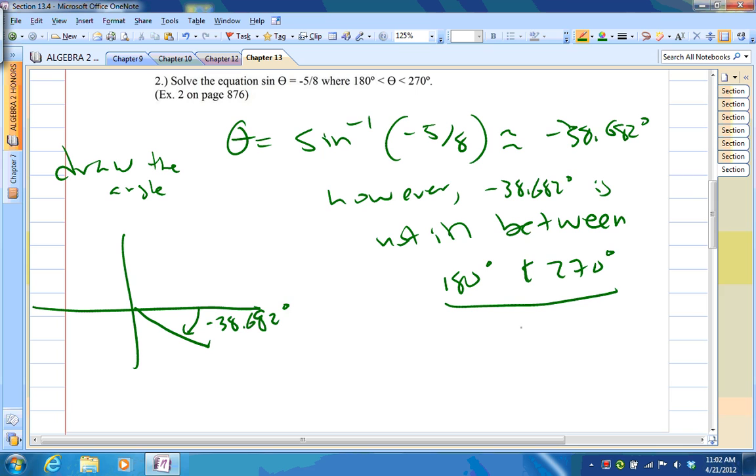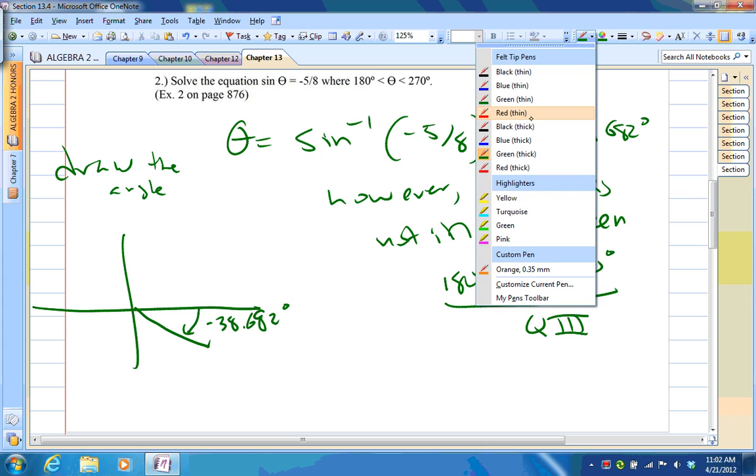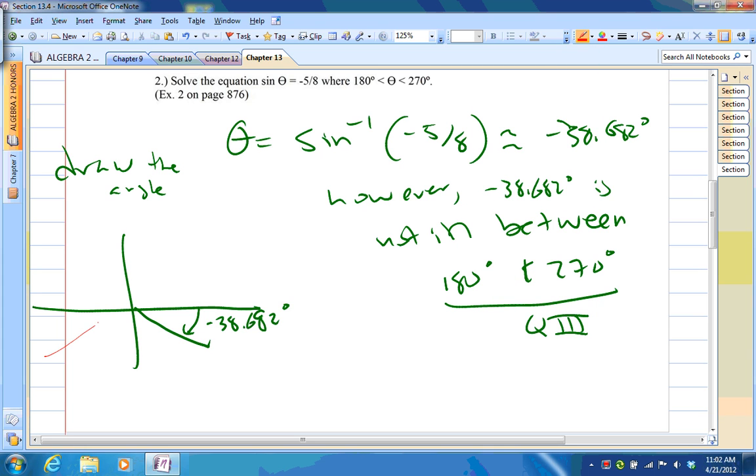Now this is Q3. Changing colors, this is what we want. If you think about it, that has to be 38.682 degrees.